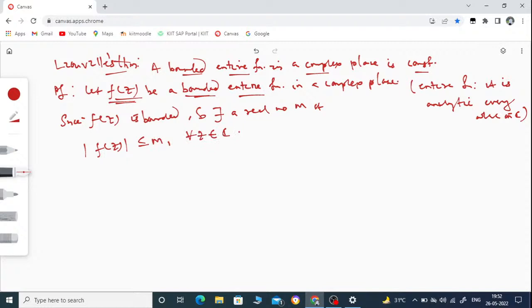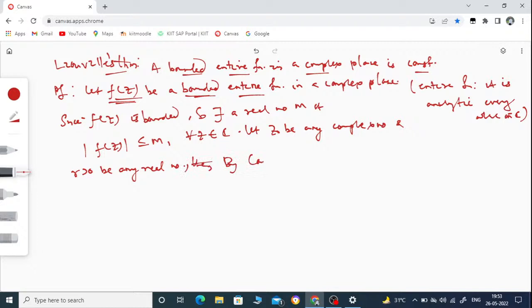Let z naught be any complex number and r greater than 0 be any real number.